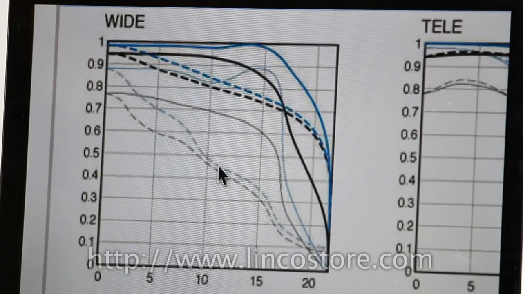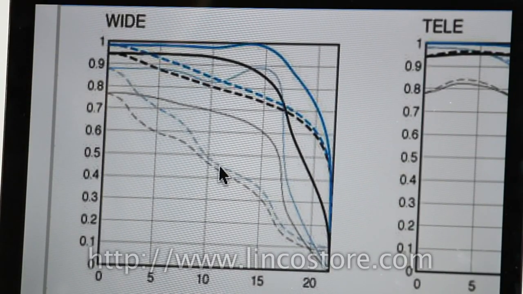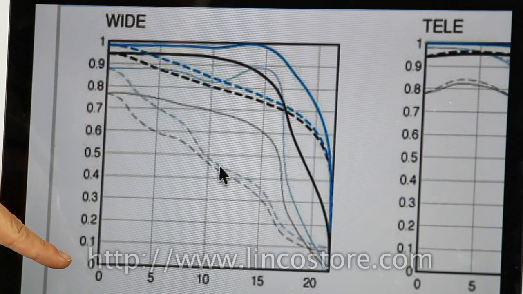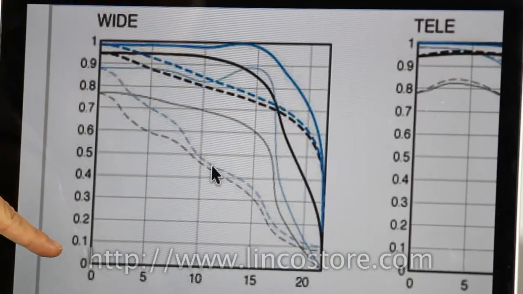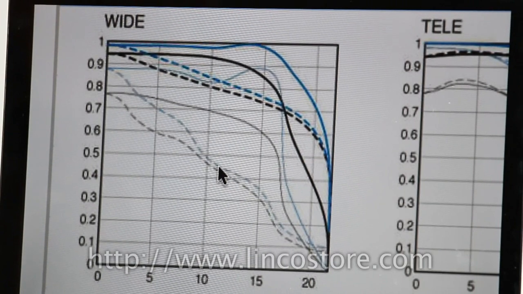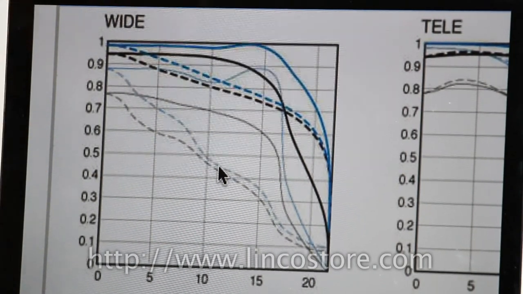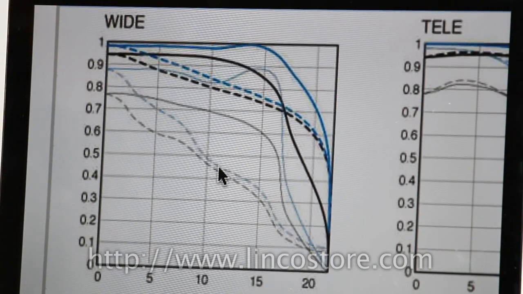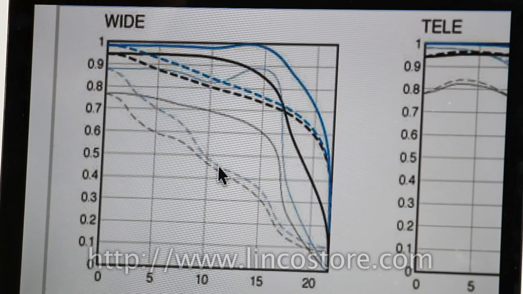And starting here on the left with the vertical scale, we see 0 through 1, and we've got decimal values of 0.1 through 0.9 in between. This represents percentage values of that lens's ability to render contrast effectively.